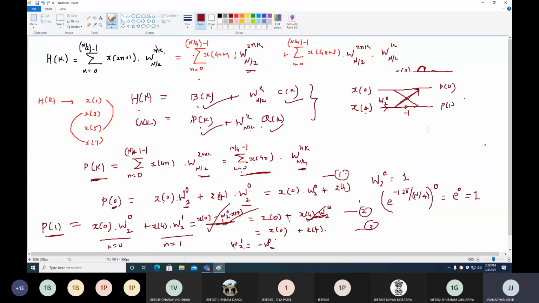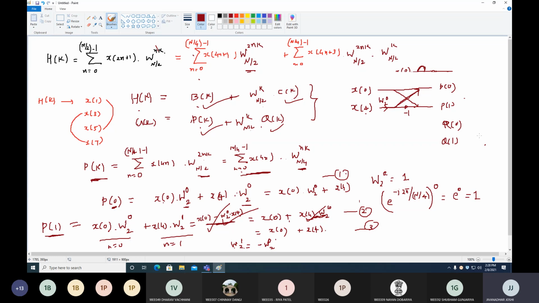And similarly, you can write down the equations for q of 0, q of 1, b of 0, b of 1, c of 0 and c of 1, etc. So no need to derive again for the third stage. The equations already derived in the second stage can be used to draw the relation for the butterfly diagram of the third stage, right?